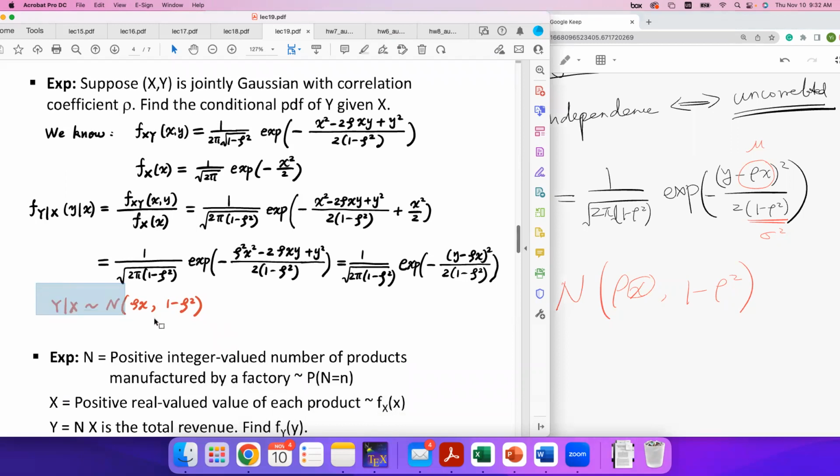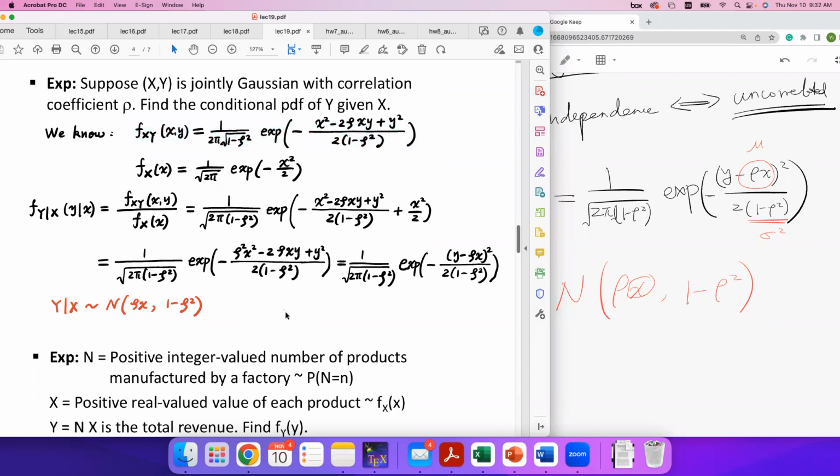So this is a conclusion that you can use in the homework problems. You can directly cite this conclusion. If x and y are jointly Gaussian like this, then y given x is following this Gaussian distribution. And similarly, x given y is following this very similar Gaussian distribution, where you just replace x by y.